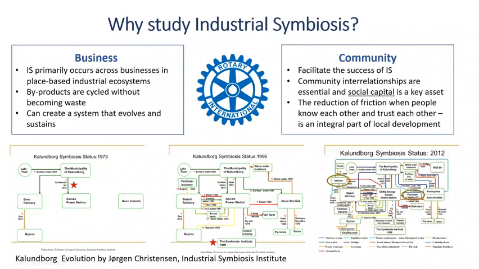So the Rotary Club is important. The soccer teams of the children of the managers are important. And the reduction of friction when people know each other, are willing to be more trusting. This has been an outstanding characteristic of this. And everyone in every cluster tells us that the trust is a very significant part.